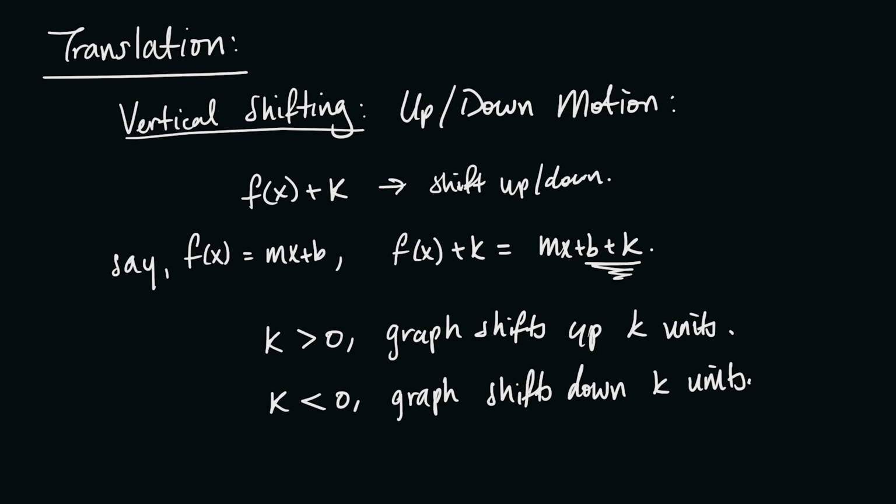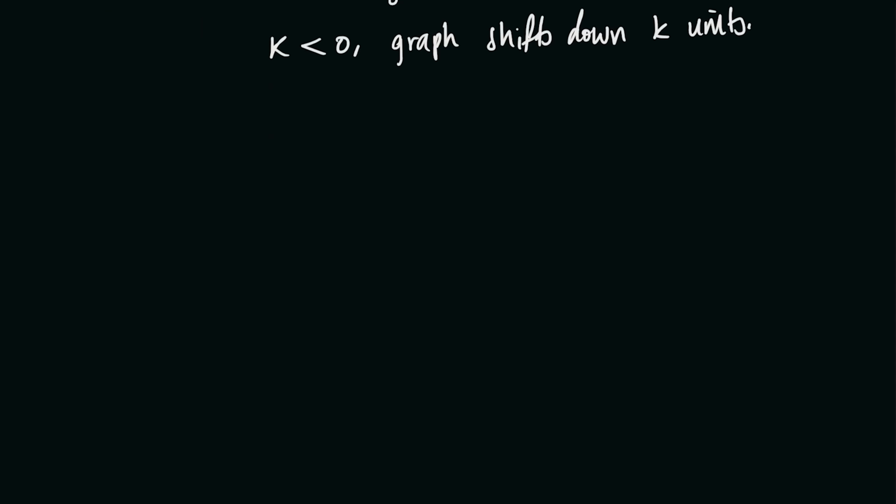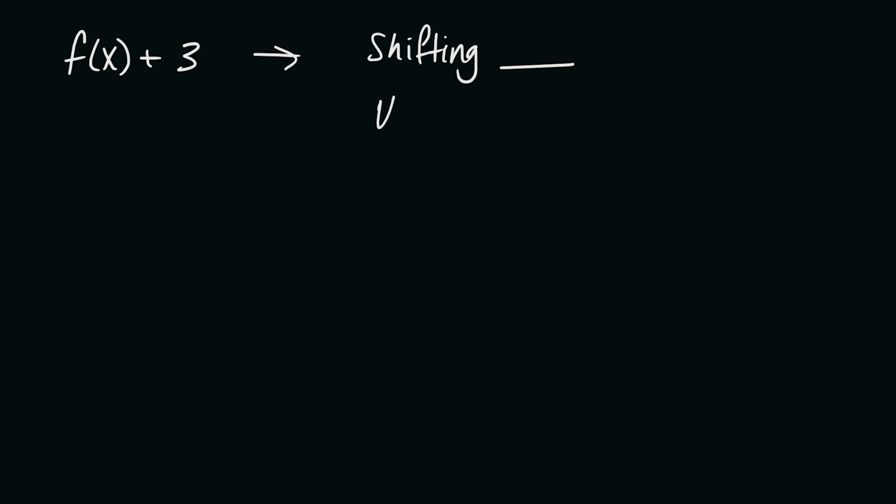Alright, so let's look at an example real quick. Let's say that f of x plus 3. Is this shifting up or down, and how many units is it shifting?